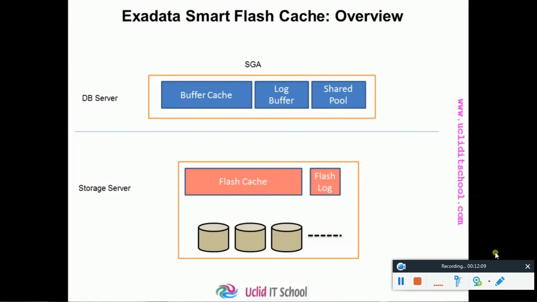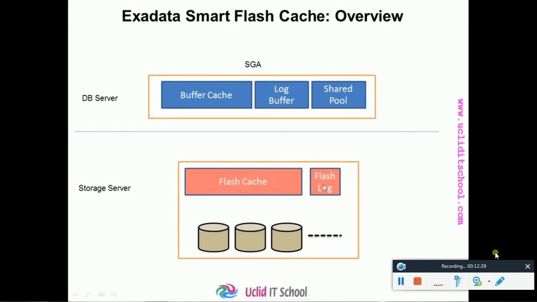The concept is understood. We'll discuss more details later, but first you understood what exactly is flash cache, where it is. Similarly, apart from flash cache, there is a small amount of flash storage used to configure flash log.